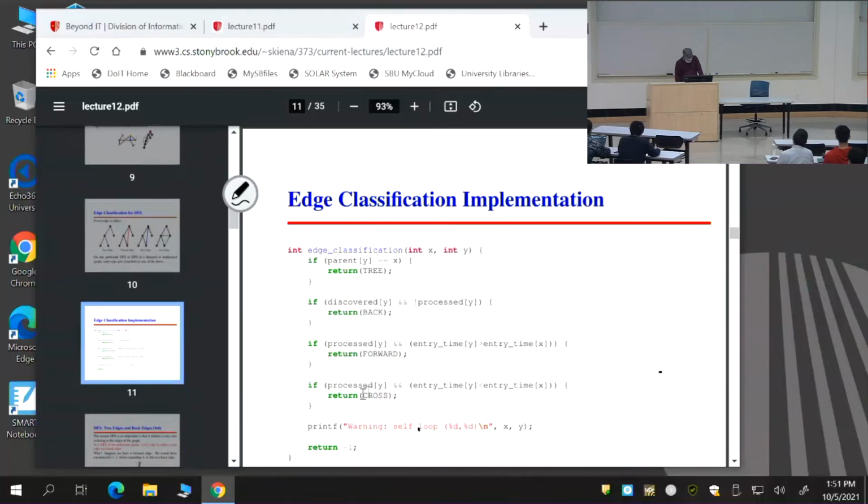So again, a back edge is going to be what? A back edge is when an edge goes to a vertex that has been discovered but not fully processed. Why is that? Well, a back edge is going to an ancestor. Clearly my grandparent had to be discovered before I was born. Okay?